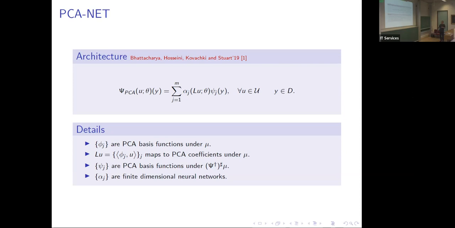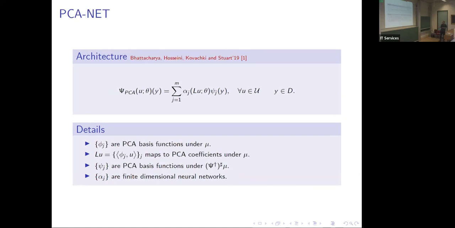One uses empirical orthogonal functions on the set of data given in the input space to find a finite dimensional basis. Same on the output space. So you project input and output spaces into finite dimensional latent spaces defined by principal components analysis, or EOF, and then learn a finite dimensional neural network between them using standard methods for neural networks on finite dimensional spaces. So I refer to that as PCA-net.